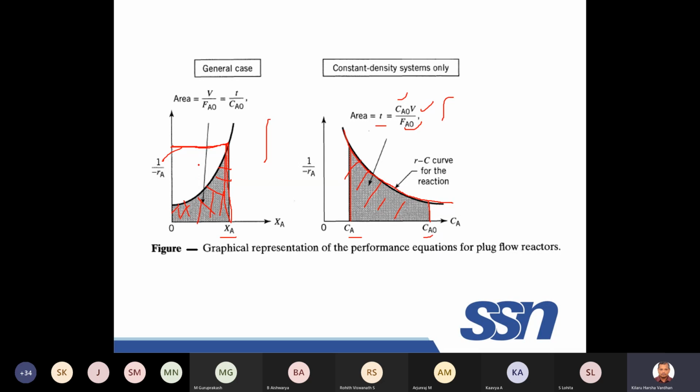But for a PFR there is an integral. Therefore, to calculate the area under the curve, you have to count the number of rectangles or squares. That is one way. And you have to generalize, taking two half squares as one square.